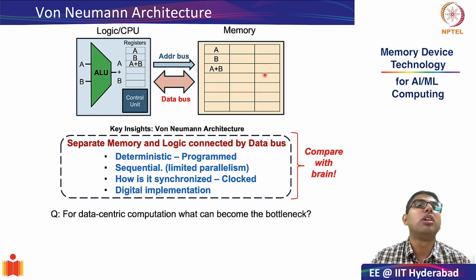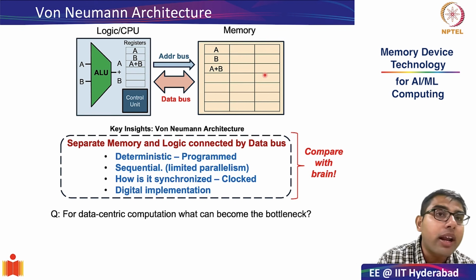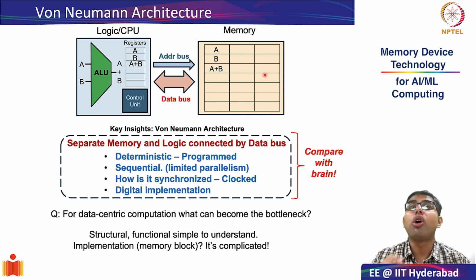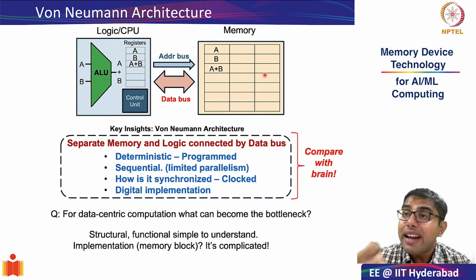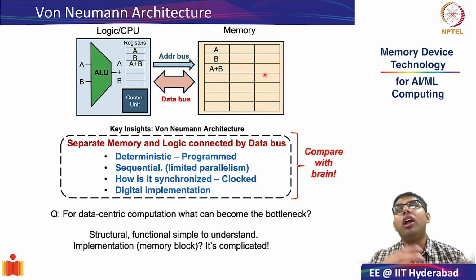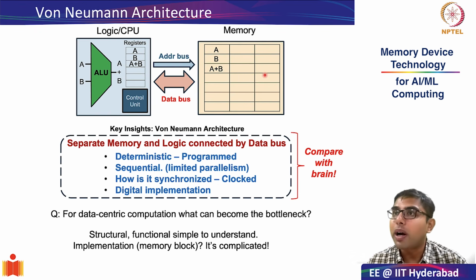And this becomes the key bottleneck when we go from logic-centric paradigm to data-centric paradigm. And this is what causes the latency and power consumption that we were talking about, and we will discuss in a lot of detail in the second part of our course.